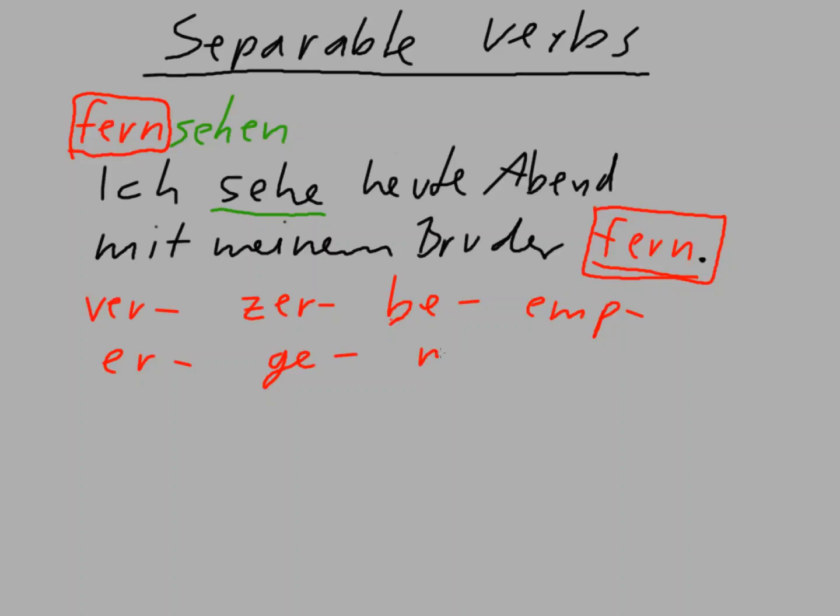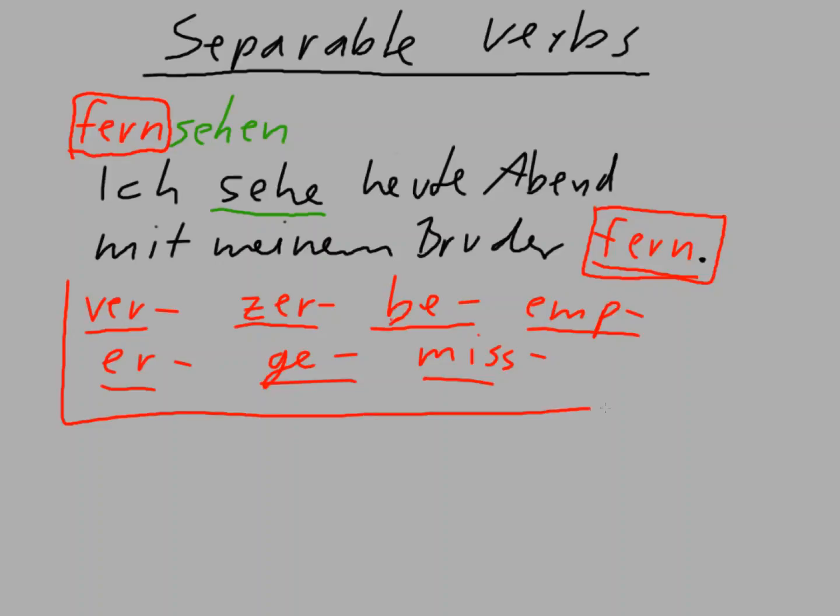And finally we have miss. Okay, so if you see one of those prefixes in front of a verb, you know that they are not separable. Everything else would be separable.